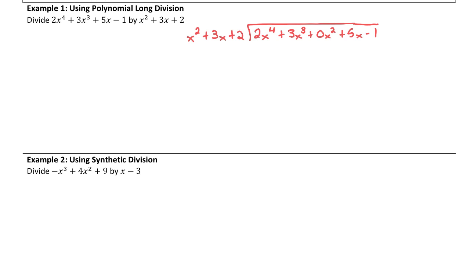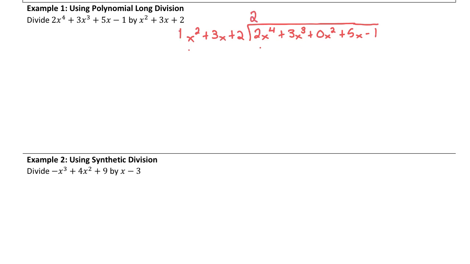So the way we do this, we always use the first term in the polynomial we're dividing when we think about this. So we think about the first terms. x squared times what gives me 2x to the fourth? I think of x squared as 1x squared. So I know 1 times 2 would give me 2.